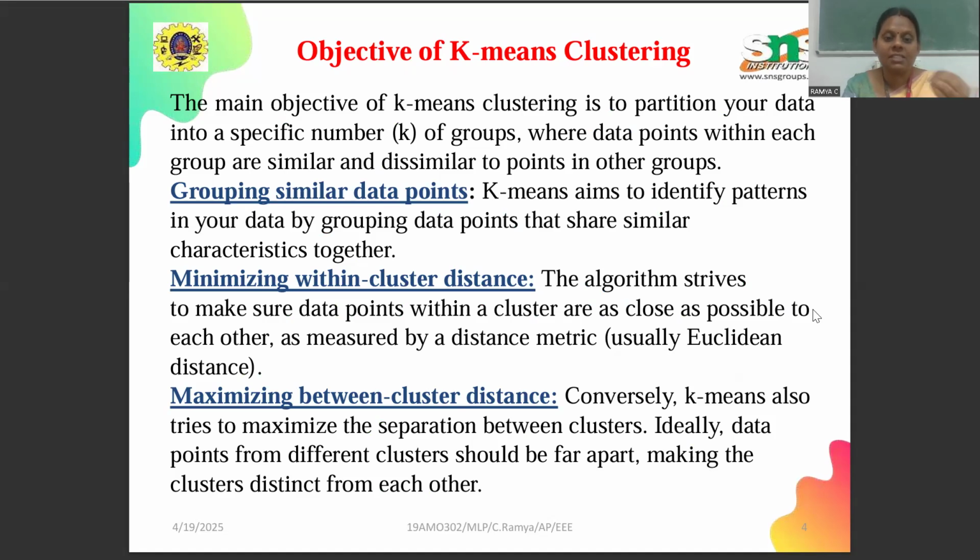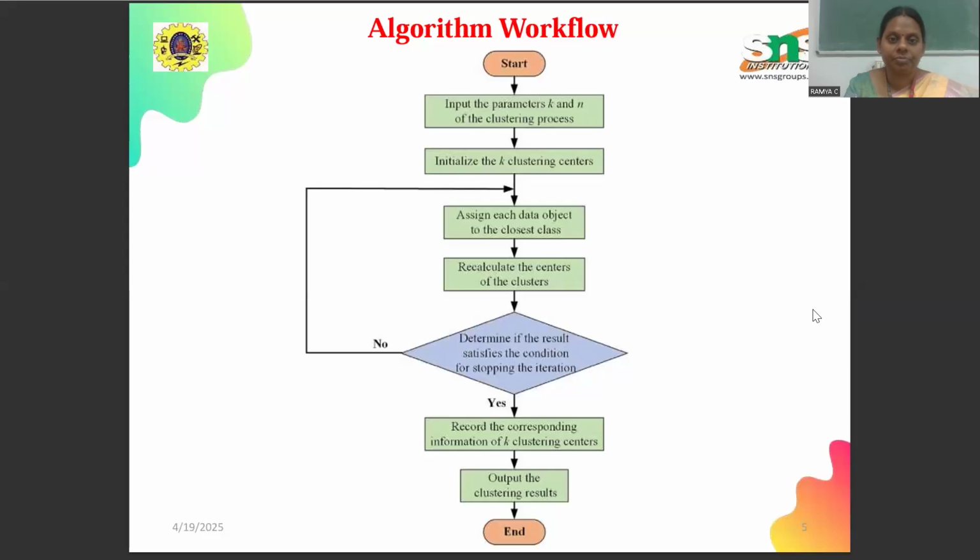And the next thing is maximizing the between-cluster distance. Conversely, the K-means algorithm tries to maximize the separation between clusters, so data points from different clusters should be far apart and distinct from each other.